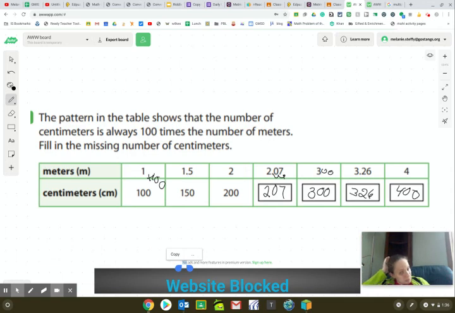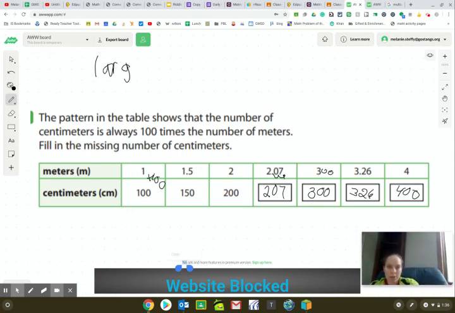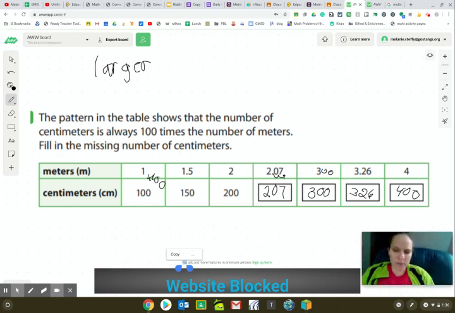So today is really just focusing on using the patterns of multiplying and dividing by powers of 10 in order to convert. The hardest thing for us to remember is whether you need to multiply in order to convert or divide. But I just want to remind you something. If you are going from a larger, sorry, my handwriting, wow, that was really bad.